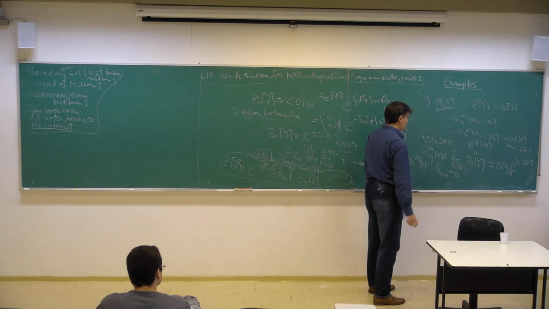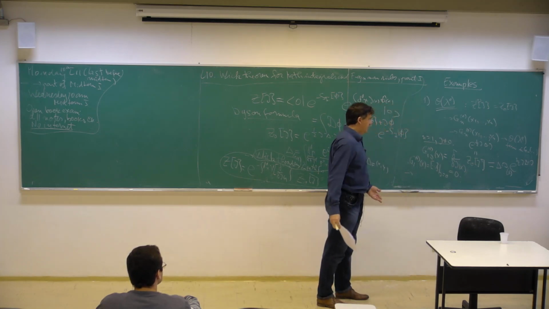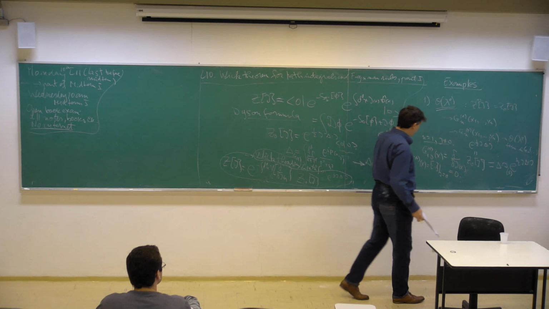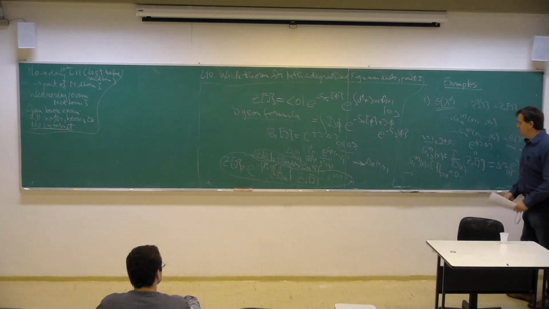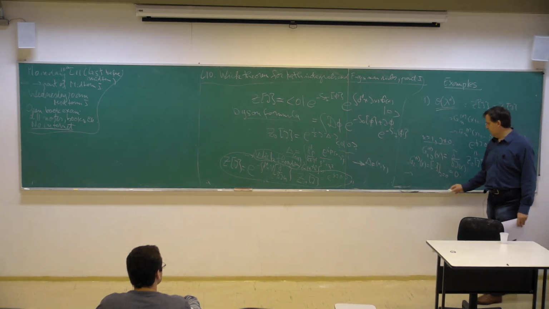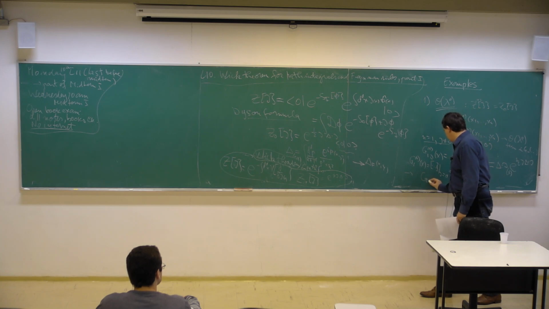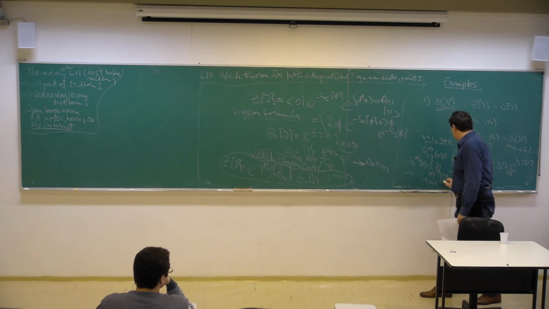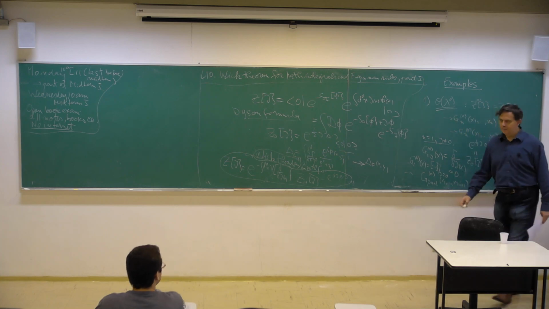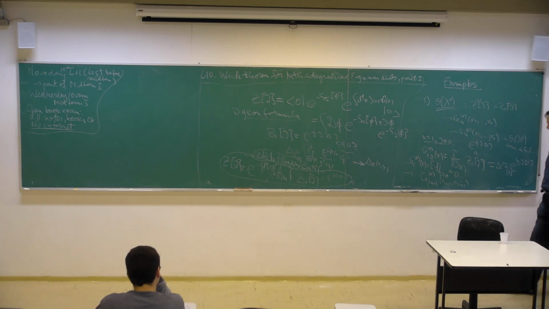And so we can easily generalize this argument now. So we could calculate G 2n plus 1, 0 of x1 to x2n plus 1, an odd number n-point function, right?